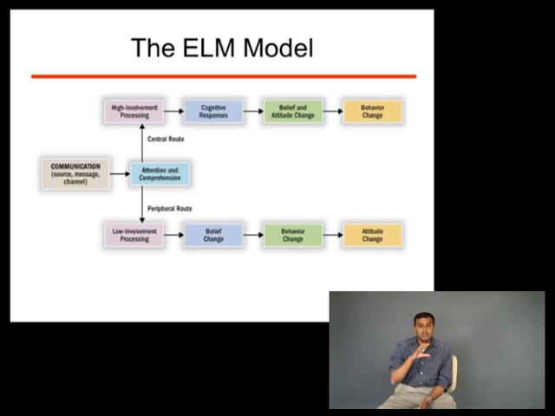When you go the high involvement route, what happens is the cognitive responses, which is basically the arguments that are presented, are argued for and against in your mind, and you provide a cognitive response on whether it's actually a good thing or a bad thing. And based on that cognitive response, then you change your belief or attitude towards the product.